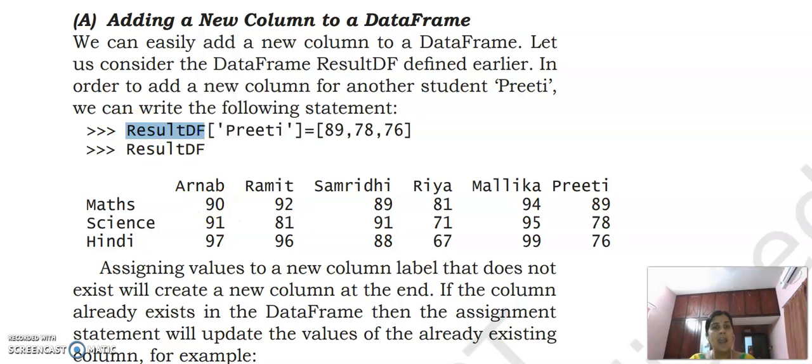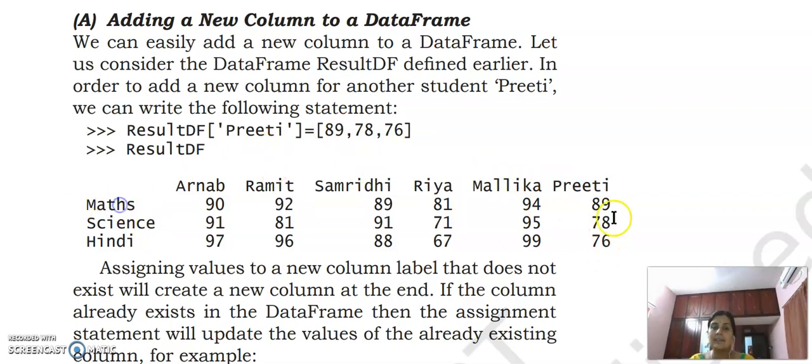Then we can add a new column by writing result df inside a square bracket. We give the column index as Preeti equal to 89, 78, 76. So Preeti becomes the column index here and the values will be 89, 78, 76.